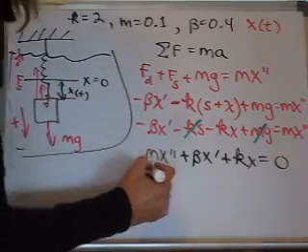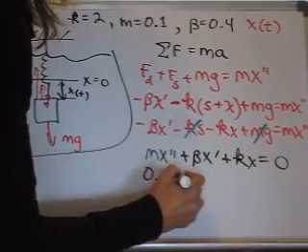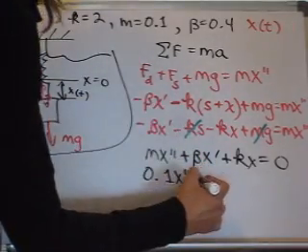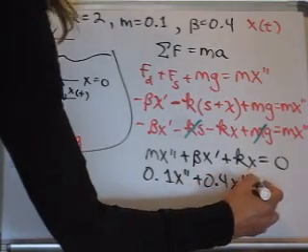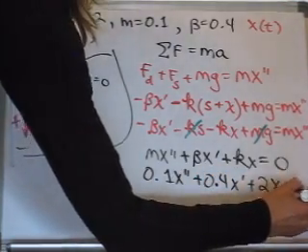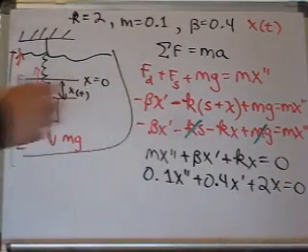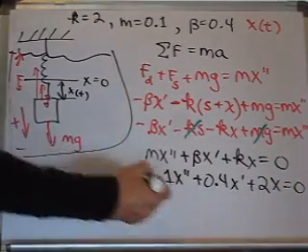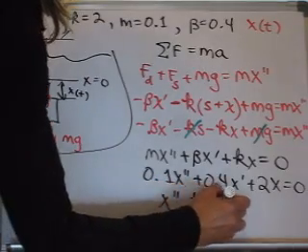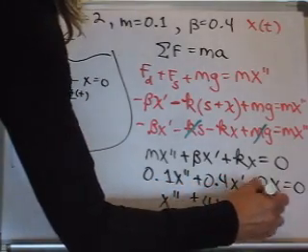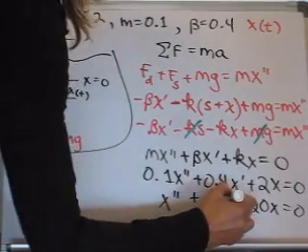I do know the mass is 0.1, so I get 0.1 x double prime plus 0.4 x prime, and k is 2, so plus 2x equals 0. I'm going to multiply everything through by 10 just to avoid decimals. So the differential equation is x double prime plus 4x prime plus 20x equals 0.